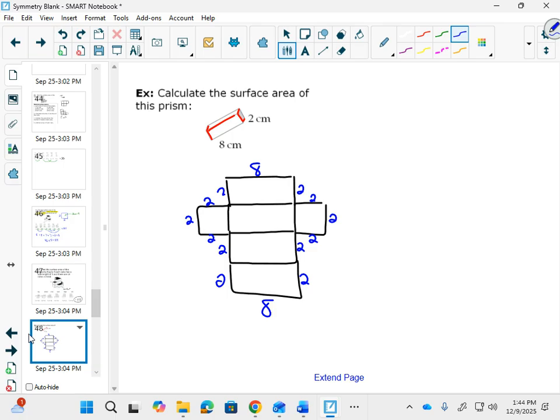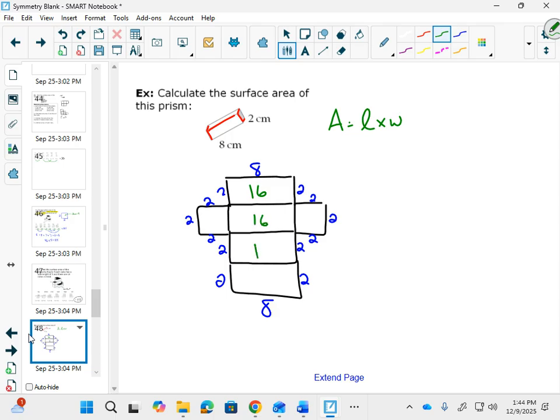And what we want to figure out, the surface area would be adding up each of these sides. So let's figure out, and I'm going to write it in green. You know that the area of a rectangle is length times width. So this rectangle, the length is 8, its width is 2. Are you okay if I put 16 in there?